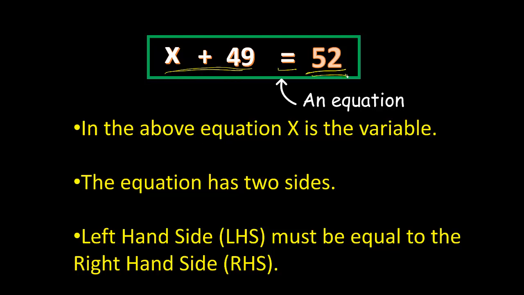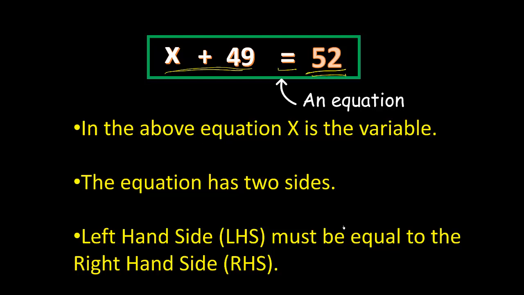You might be wondering why we have given those names. Well, since x plus 49 is on the left of the equal sign, it's called the left-hand side, or in short form, LHS. And this 52 is called RHS, as it is on the right-hand side, or you could say right of the equal sign.